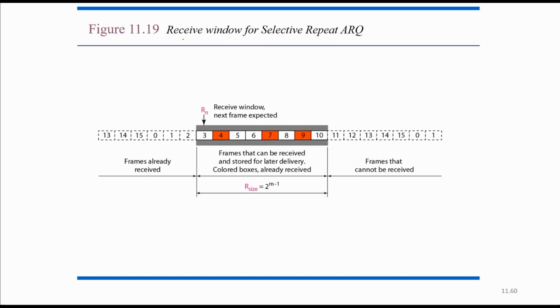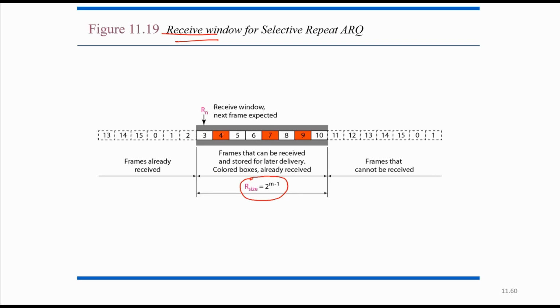Now, at the receiver end, how will the window look in selective repeat ARQ? Instead of a single frame window, it will have the same size. So the receiver window size is 2 to the power m minus 1, the same as the window size at the sender side. Suppose this is the window.